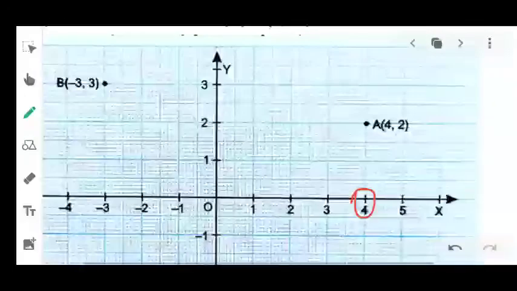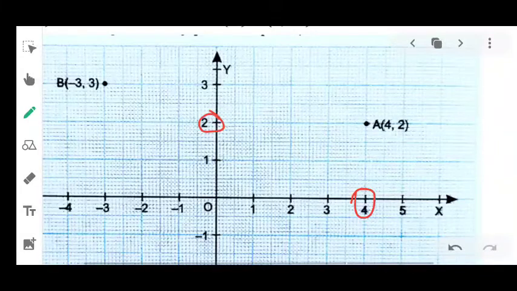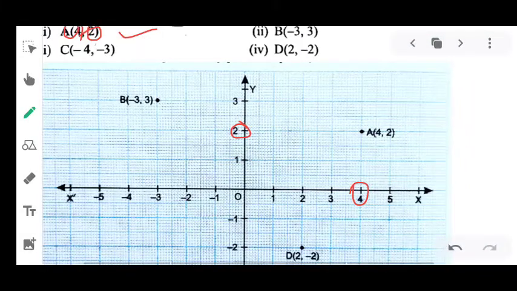So this is the 2. Now if you draw a line parallel to the x axis and another line parallel to the y axis, then these two lines intersect at point A, that is 4 comma 2. Clear?